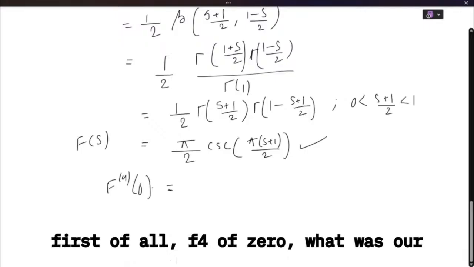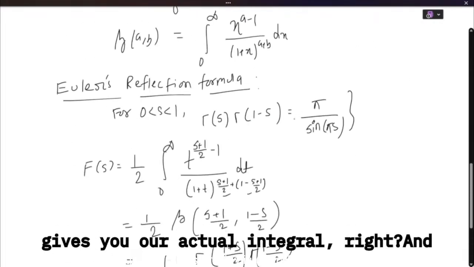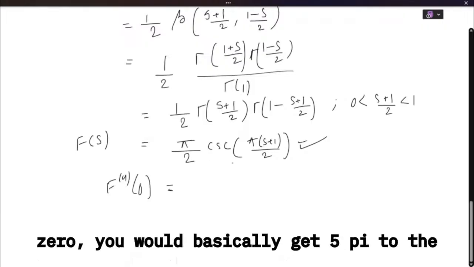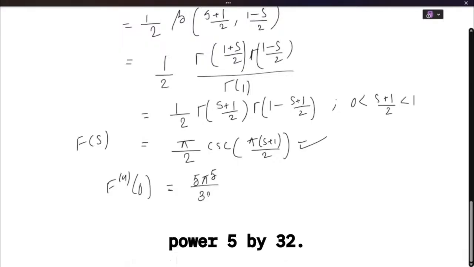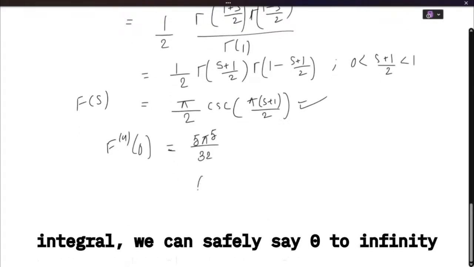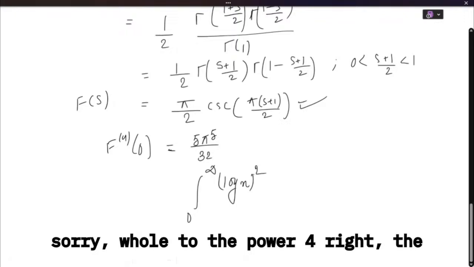So first of all, f4 of 0, what was our actual integral? F4 of 0 basically gives you our actual integral, right? And if you differentiate this function 4 times and put s equals 0, you would basically get 5 pi to the power 5 by 32. And since this is equal to the original integral, we can safely say the integral from 0 to infinity of (log x) whole squared, whole to the power 4, right?